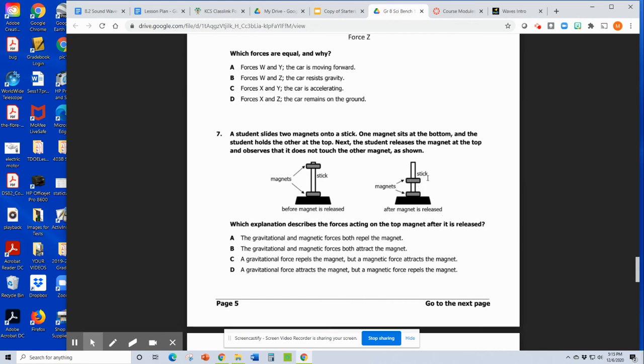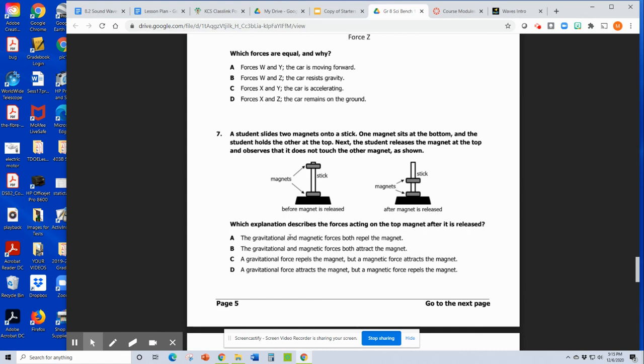All right, well, I know one thing. I know gravity's pulling it down, but since it doesn't come all the way down, I have to use my knowledge of magnetism. I know that I probably have two like magnetic poles here, maybe a north pole and a north pole, and they're repelling, and that's working opposite of gravity. So I think gravity is trying to pull it down, but the magnetism is pushing it up.